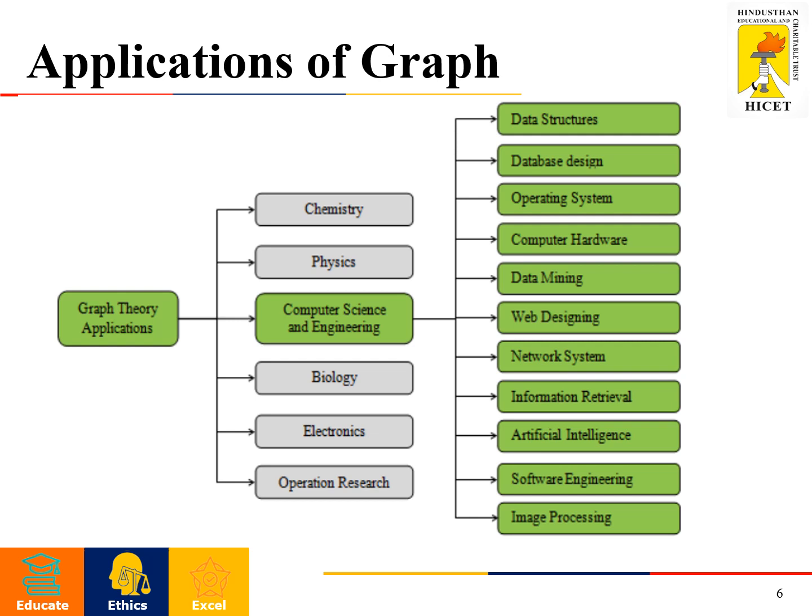Here, mainly in the computer science and engineering field, it is used in data structures, operating system, computer networking, data mining, networking system, artificial intelligence, image processing. These are all n number of applications of graph.